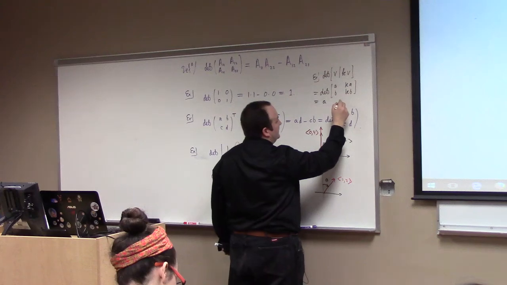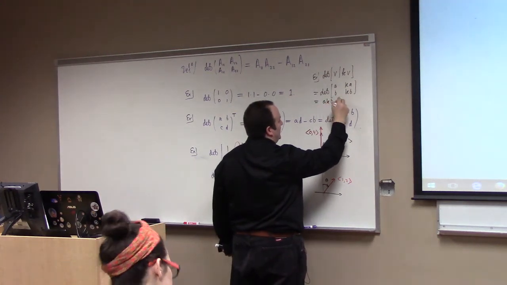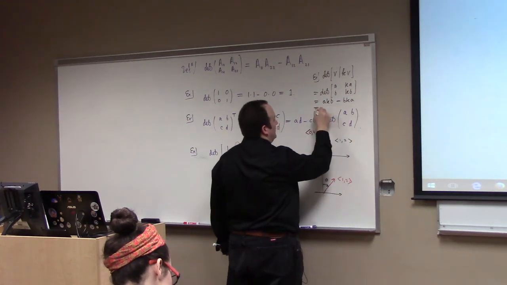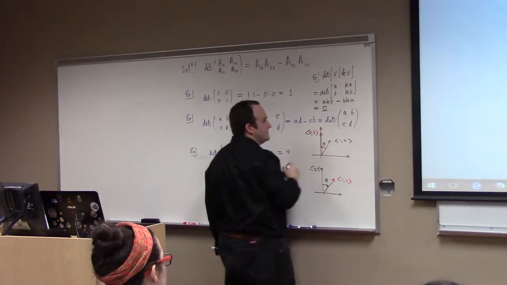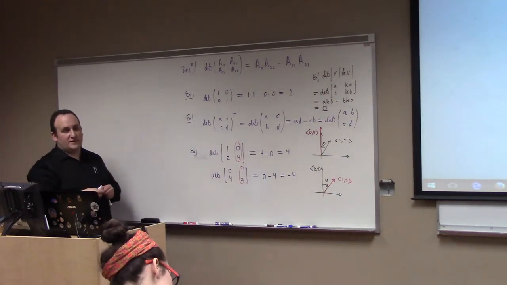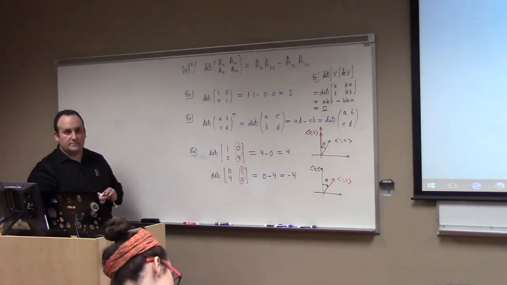A times kB minus B times kA. Anyway, however you pronounce it, it's 0. So if the vectors don't actually fill out an honest-to-goodness parallelogram, the determinant's 0.